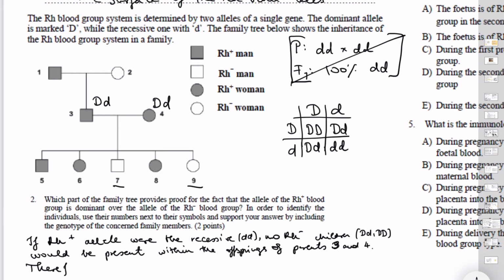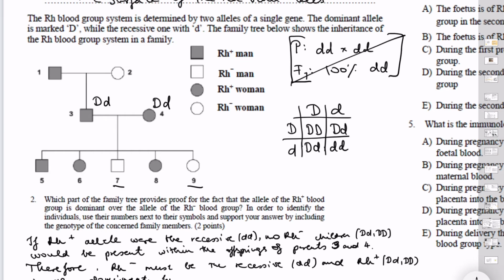Therefore, we can conclude that Rh negative must be the recessive and Rh positive is the dominant form. Okay.